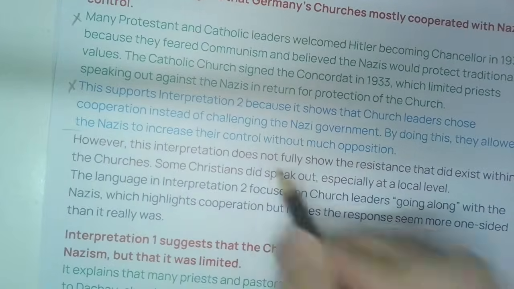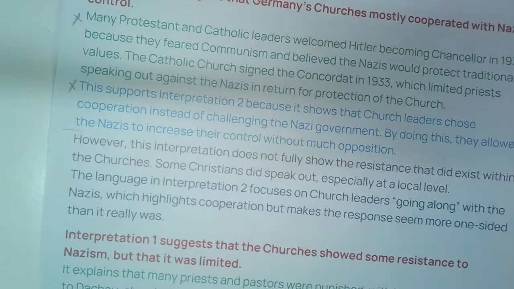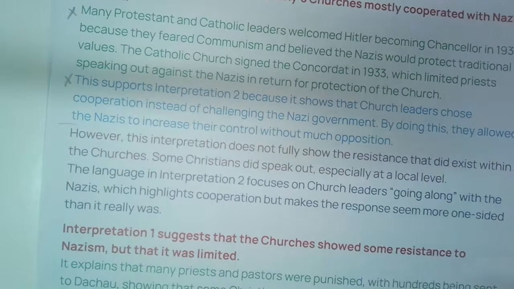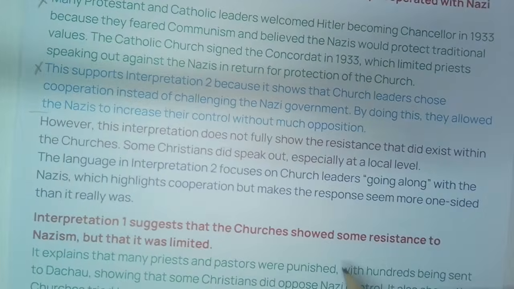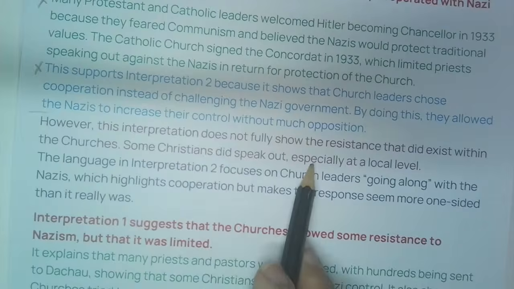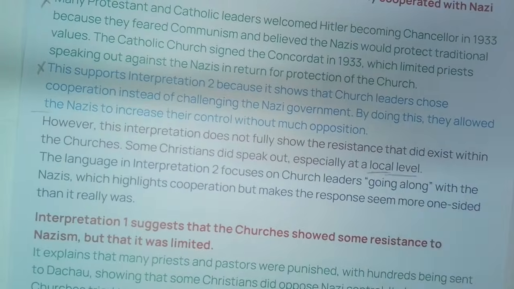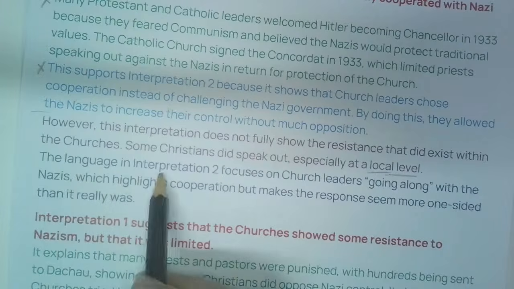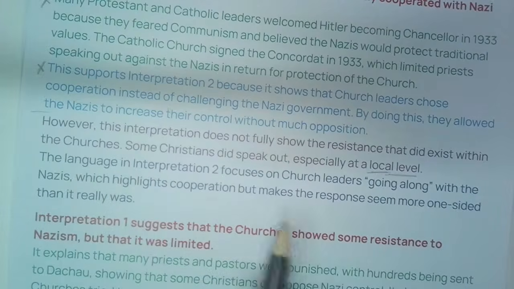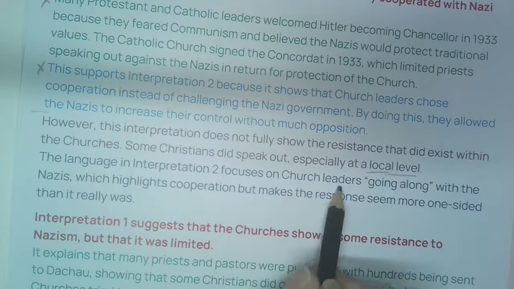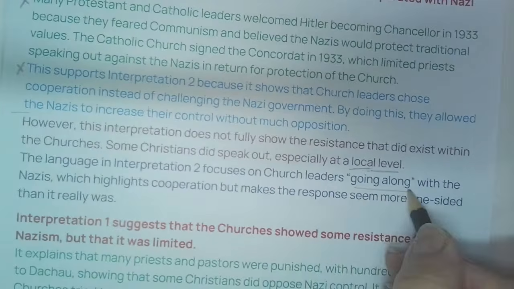However, this interpretation does not fully show the resistance that did exist within the churches, because it clearly doesn't talk about people like Martin Niemöller or the Catholic priests who did resist. Some Christians did speak out, especially at a local level. Okay? The language in interpretation 2, so this is the tricky bit, focuses on church leaders going along.